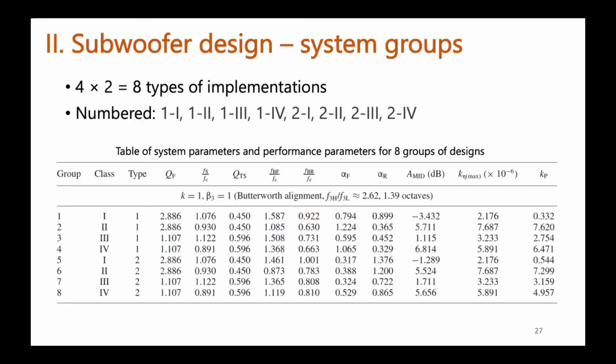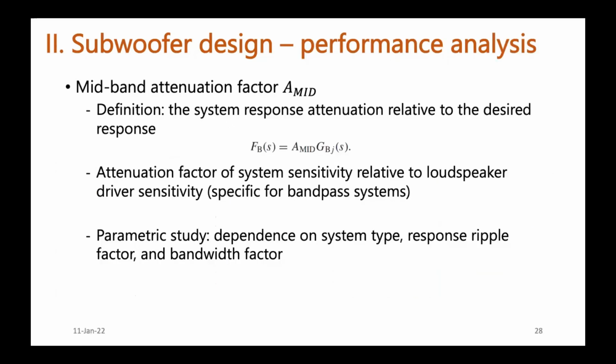And finally, we can obtain the analytical expressions for all the system parameters. Here, the table gives a total of 8 different design system groups, including 2 types and 4 classes. And then we can calculate some system performance we are interested in.